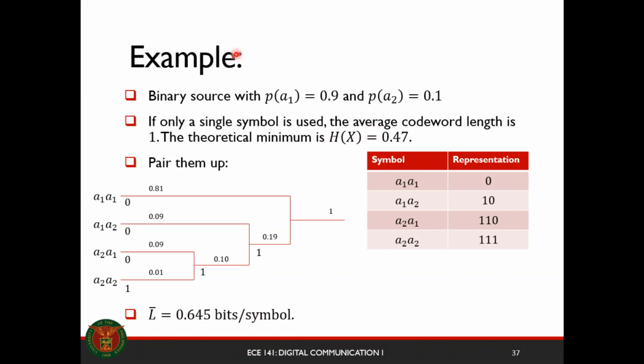If you only use a single symbol, inevitably the average code word length will become 1. But if you pair them up, you can decrease your number of bits per symbol, your average code word length, and increase the efficiency of your coding. And this is actually what is used for different coding schemes in computers.